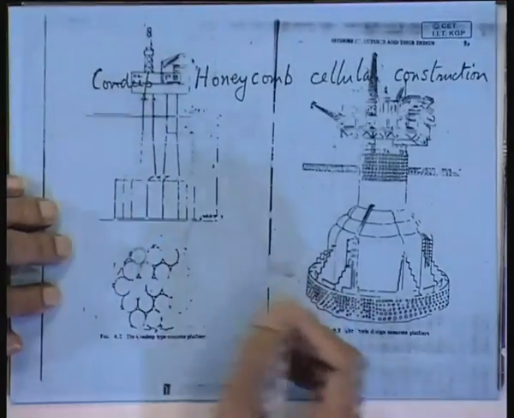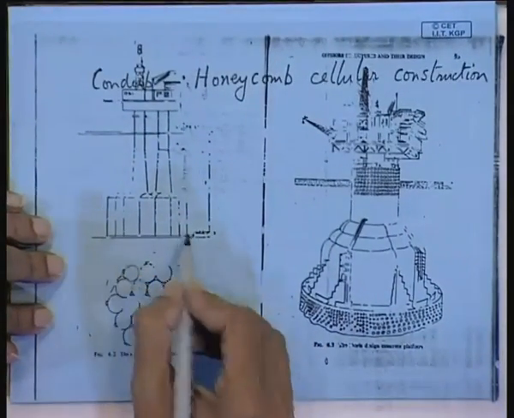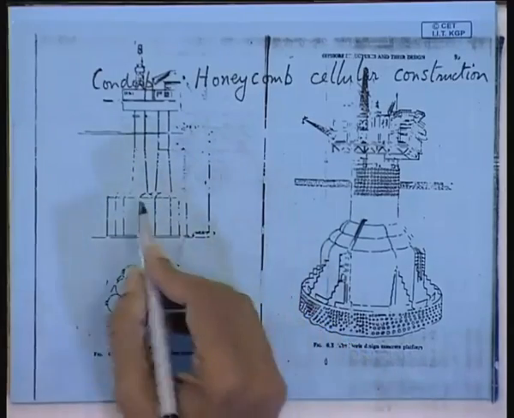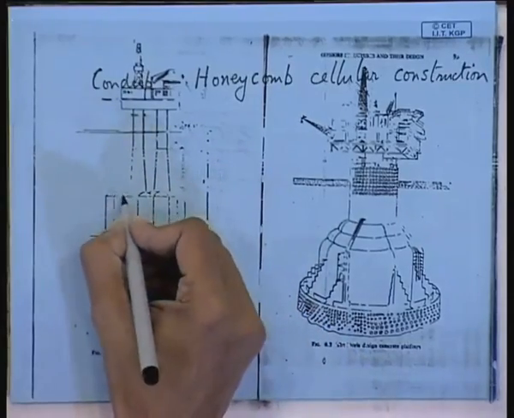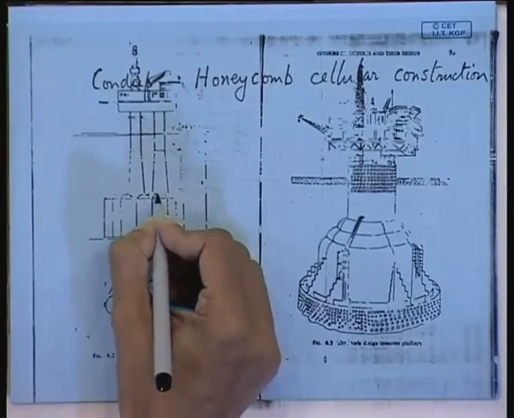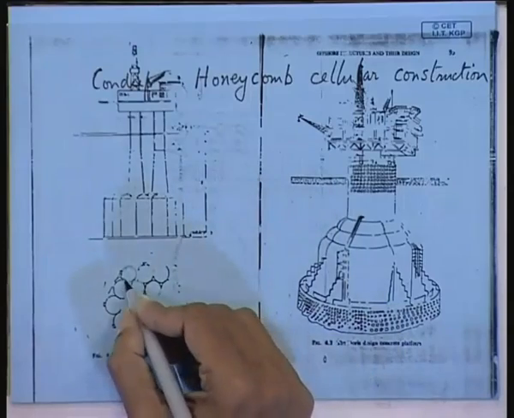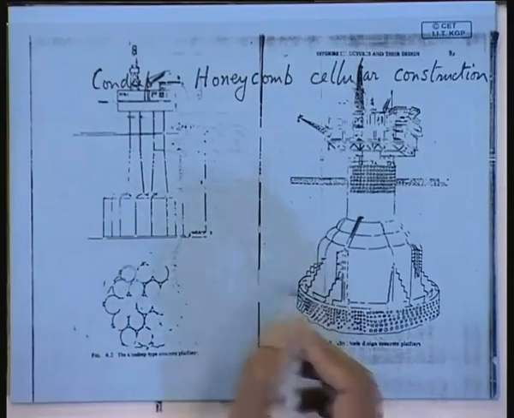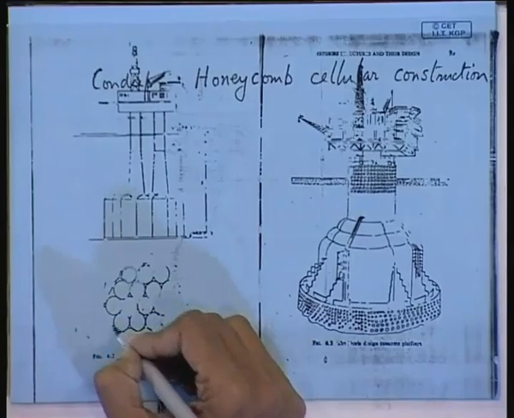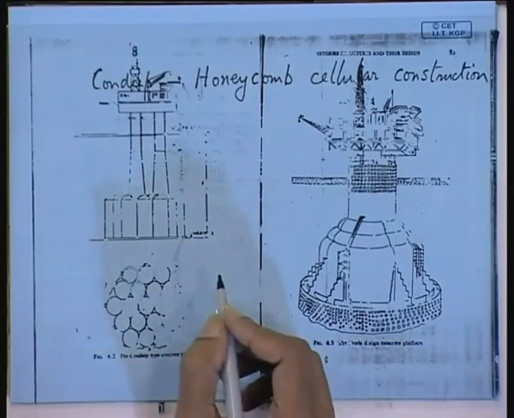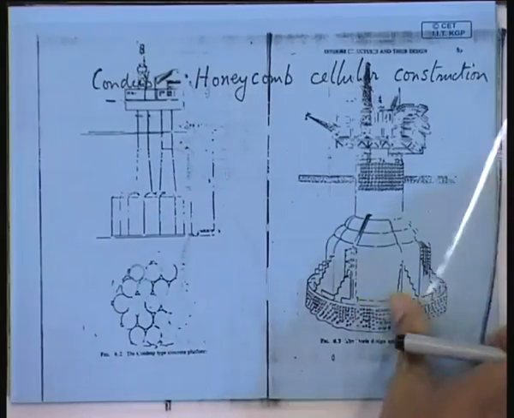Here you can also see the base in this structure. You can see the double line, that is the base of the platform, and the dome is given. So this is the cap or the dome on the caisson. Each individual cell is built and they are connected by means of a locking mechanism. This is the essential of a condeep type of structure.